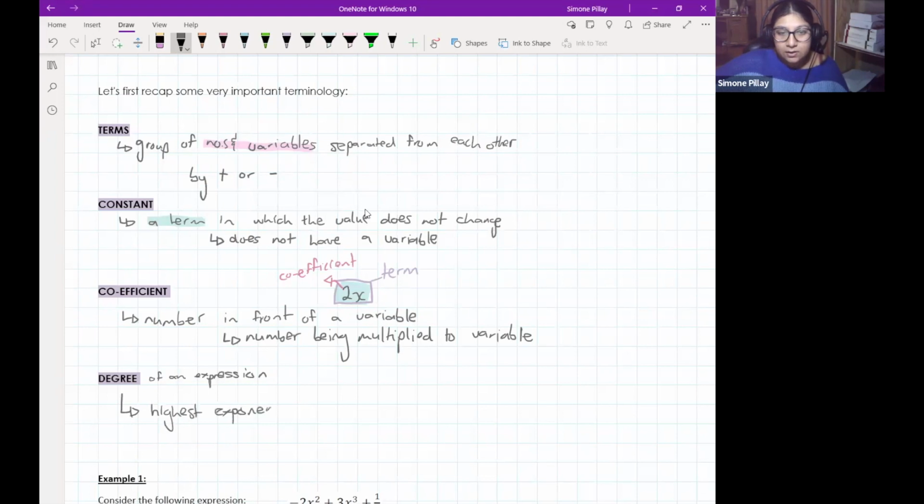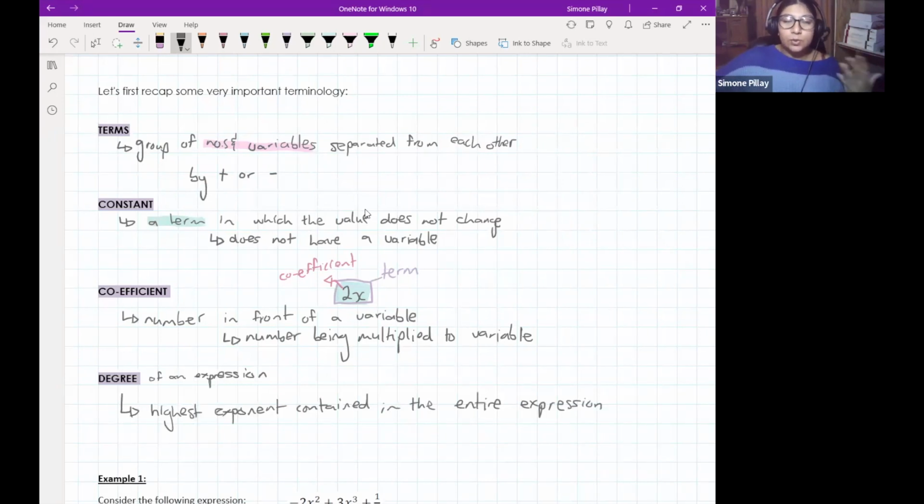The highest exponent contained in the entire expression. Okay?